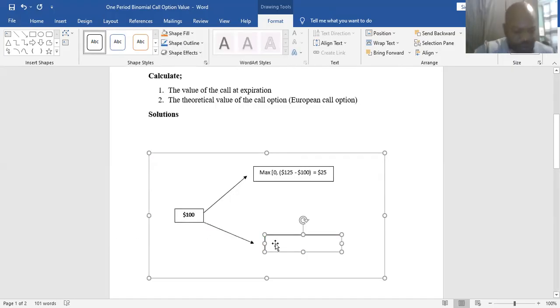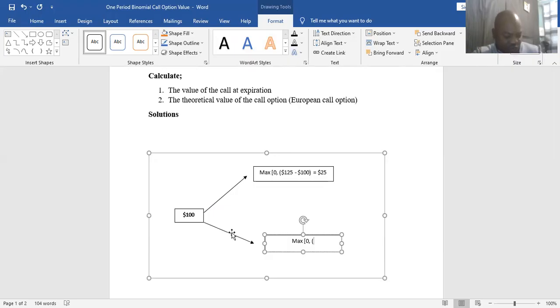We have max, 0, open brackets, and then when the price goes down by 20% in one period of time, that's 100. 20% of 100 is 20.